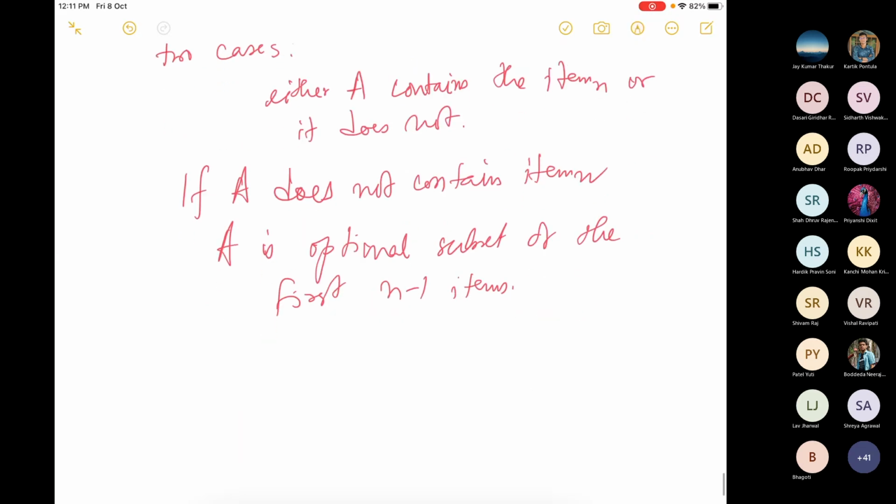However, if A contains item n, then what?